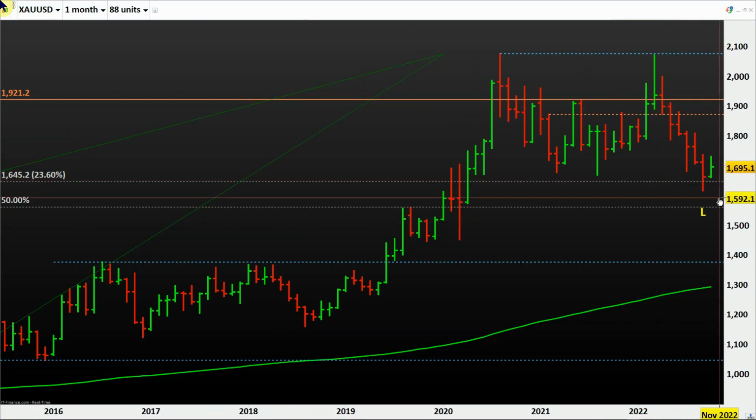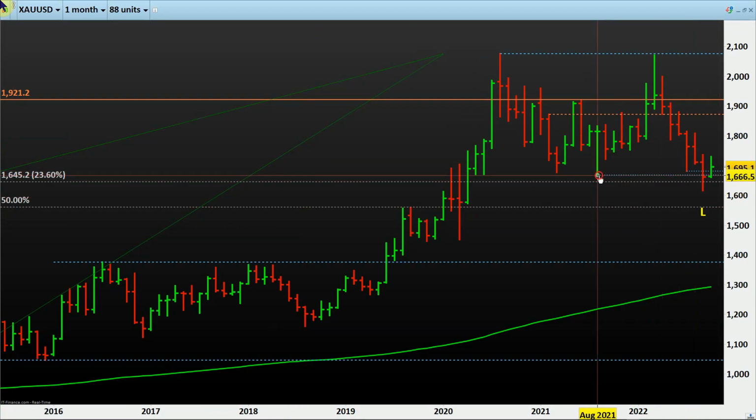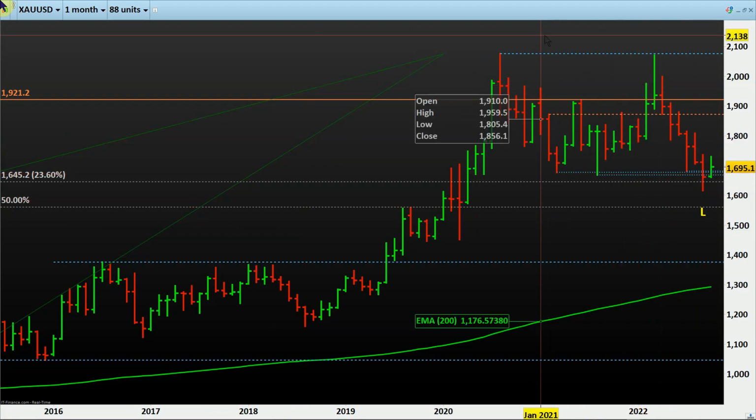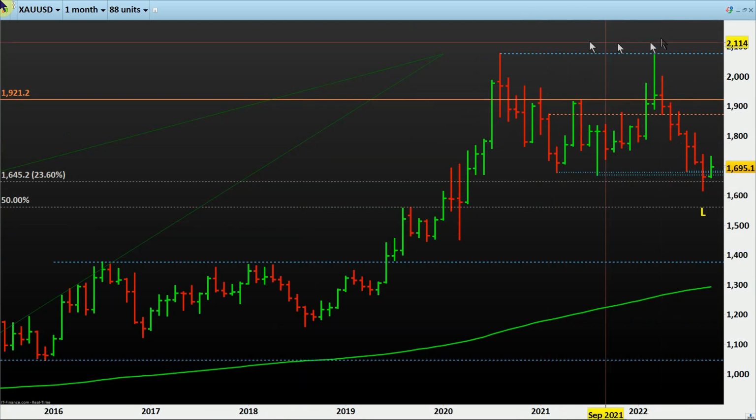I can draw what I'm trying to show you. This was the swing low for the monthly, this was the swing low for the monthly, this was the swing low. These are the 3 lines which I was referring to. I took that out now because it has played the role.